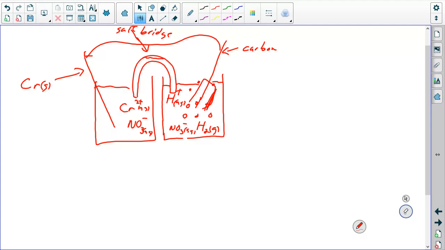Now, which way are the electrons? I'm glad you made that mistake to remind you to talk. The electrons are flowing this way. Which way are your anions flowing?